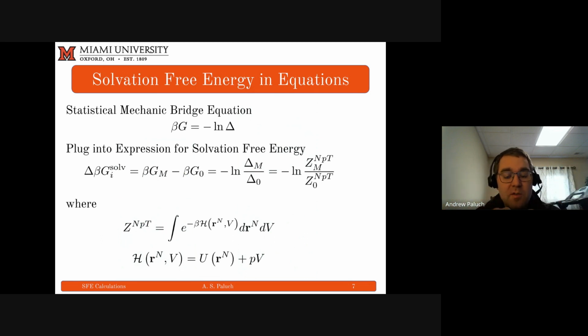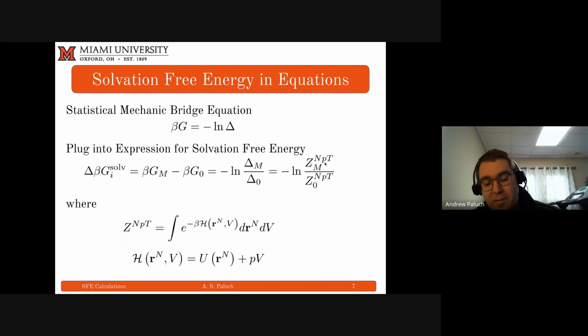So we assume they are decoupled, and the momentum integral just becomes the corresponding momentum integral of an ideal gas. The momentum integrals for my target state and reference state are exactly the same, so they cancel out. I'm just left with the negative log ratio of configurational integrals.